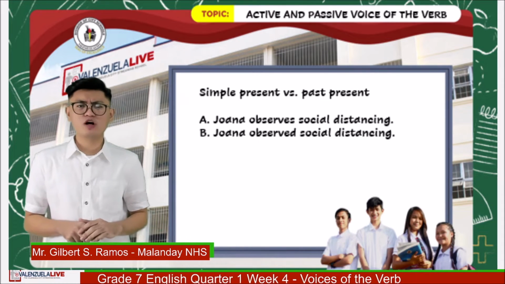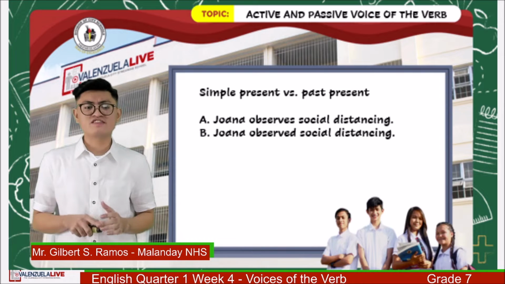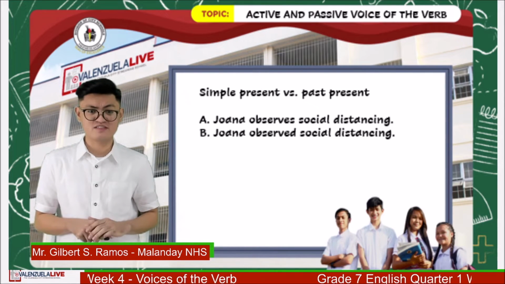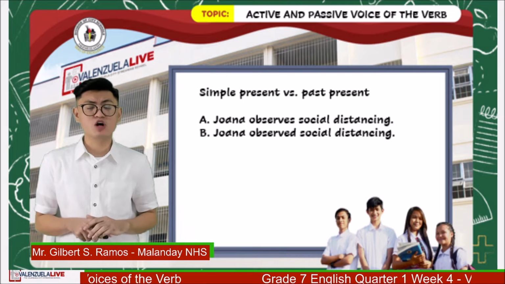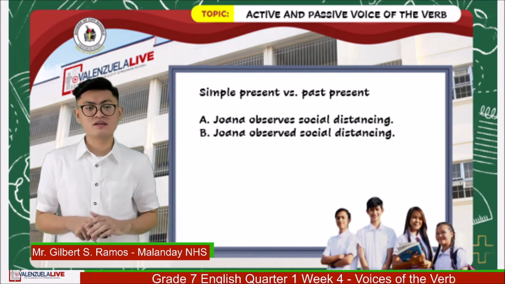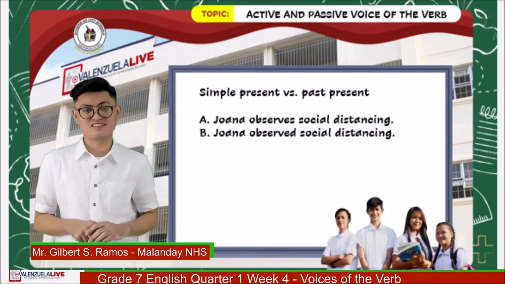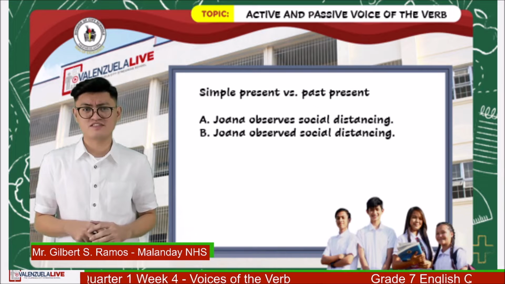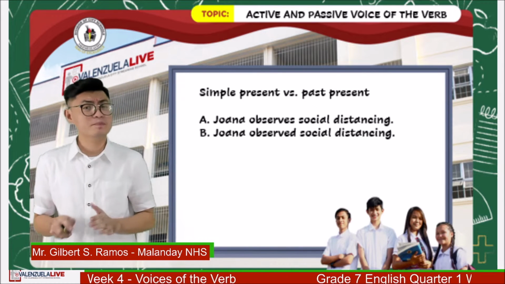The verb observes in sentence A is in simple present tense, while the verb observed in sentence B is in simple past tense. How do we now transform the sentences from active to passive?